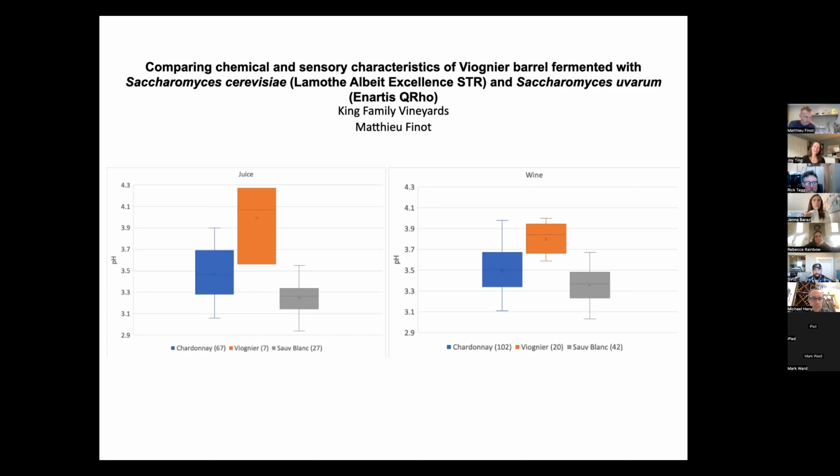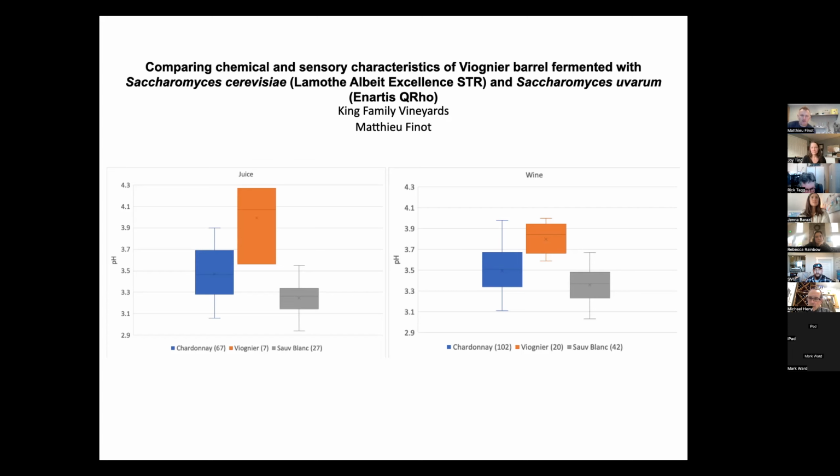The wine pHs are actually lower, but that's probably because, as Matthieu said, we're putting a lot of tartaric acid in there to correct it. So is there a way to get around that and do that correction in a more natural way? And again, the floral characteristic here might be good. We'll taste and figure that out. So Matthieu, tell us how you set up your experiment.